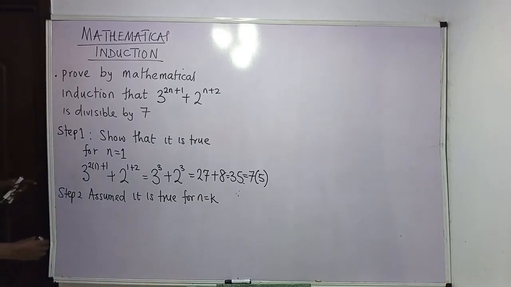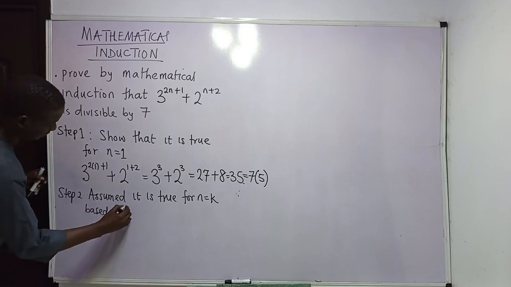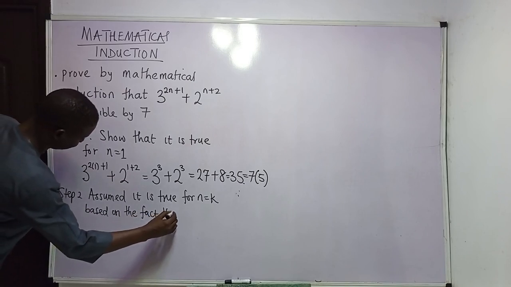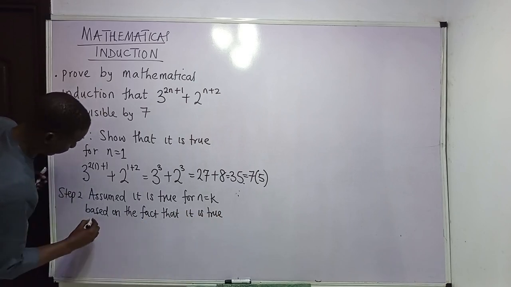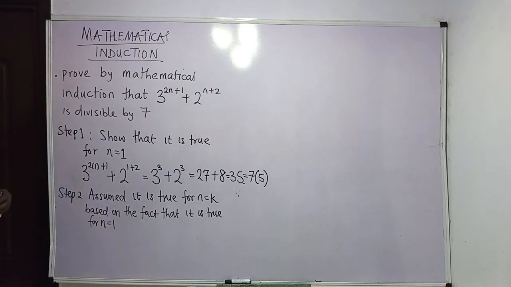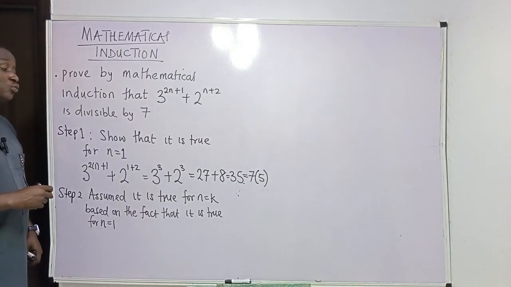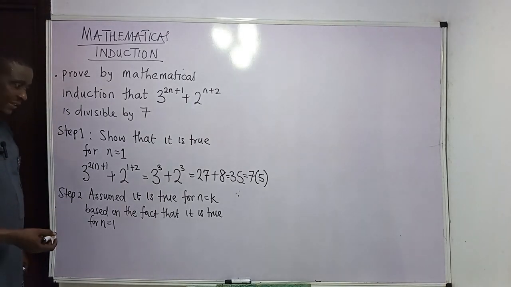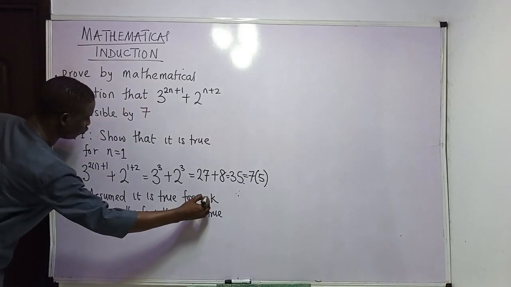That is to say, based on the fact that it is true for n equal to 1. So that means we want to base our assumption on the fact that step 1 has already shown that it is true for n equals 1. Now, anywhere we see n, we replace it with k.